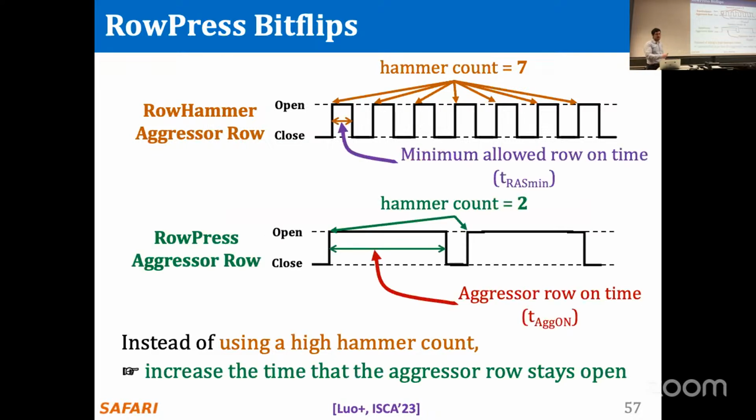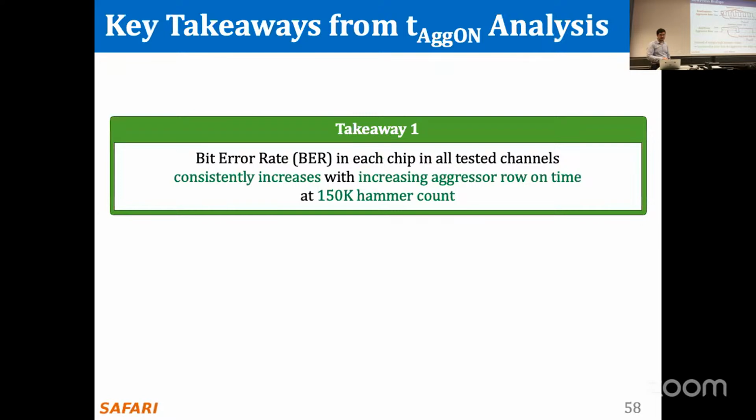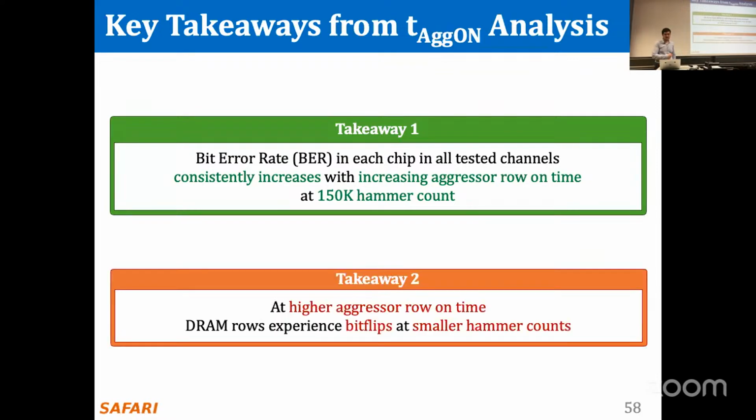Doing so disturbs adjacent rows enough to cause bit flips without a very high activation count. There are two takeaways from this analysis. We see that the bit error rate increases with aggressor row on time at a fixed hammer count of 150,000. And second, as we keep the aggressor row open longer, DRAM rows experience bit flips at smaller activation counts.